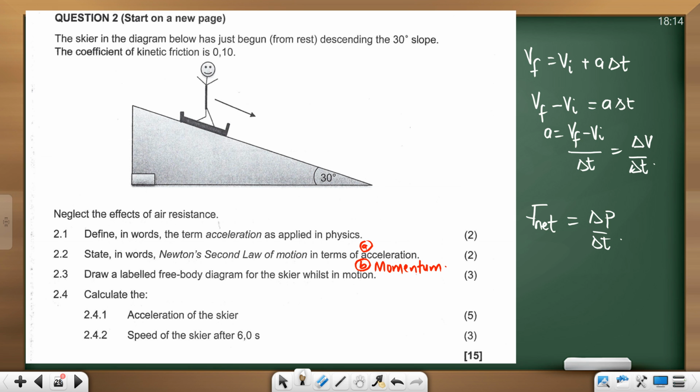Thank you for those definitions. Give me a free body.